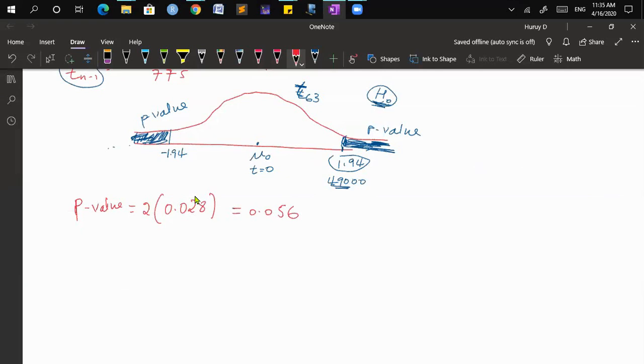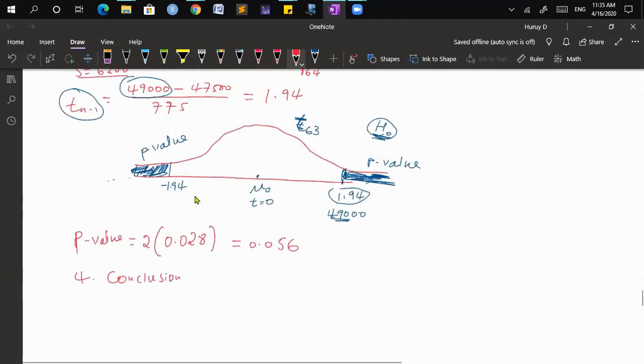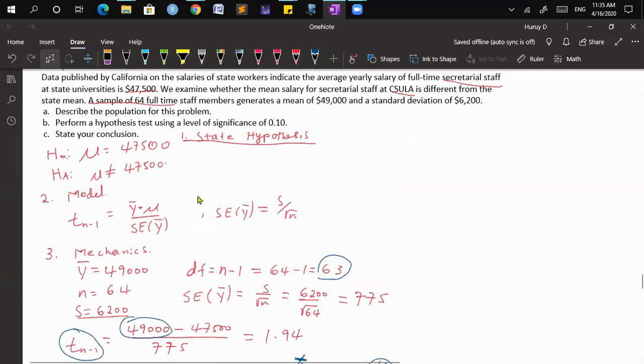Okay. Now the next question is, what is our alpha? Now remember, if it is not given, we use alpha equals 0.05. But in this case, we have alpha 0.1, so we have to use this alpha.